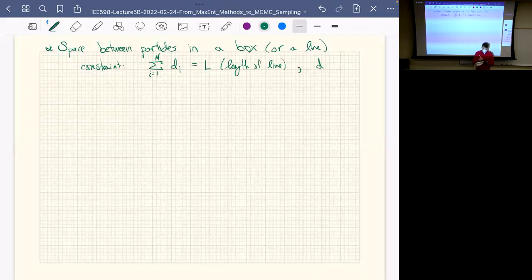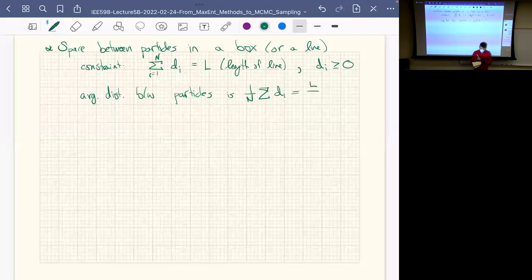And I know that each one of those distances has to be greater than or equal to 0 because they're distances. So this tells me that the average distance between particles is 1 over n times this sum of distances, which is just going to give me L divided by n.